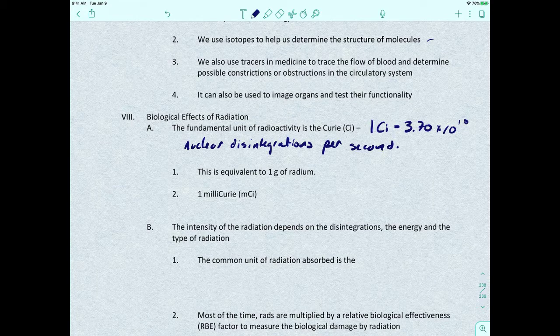This number is equivalent to 1 gram of radium. Now, 1 millicurie is equal to 1/1000th of a curie. So you may hear the term curie, you may hear the term millicurie.